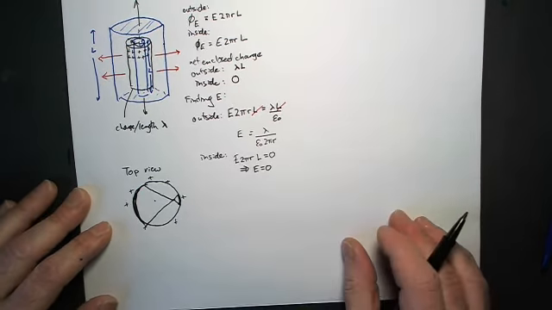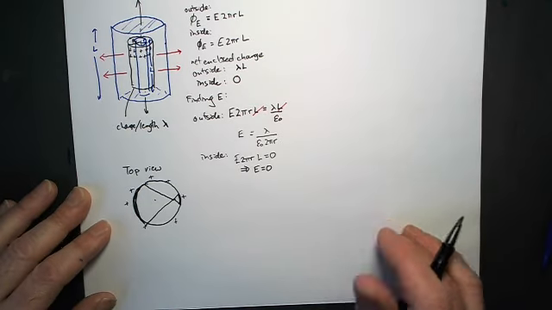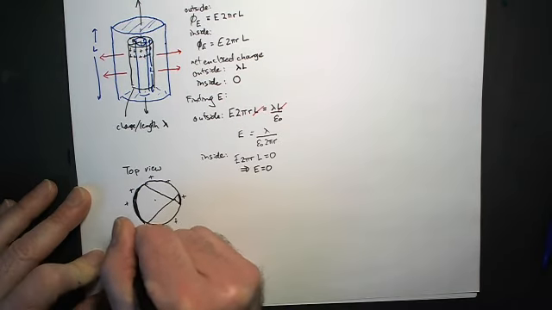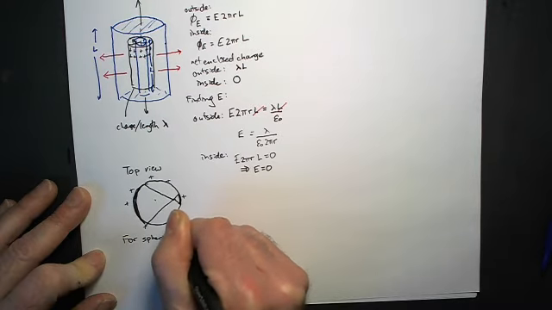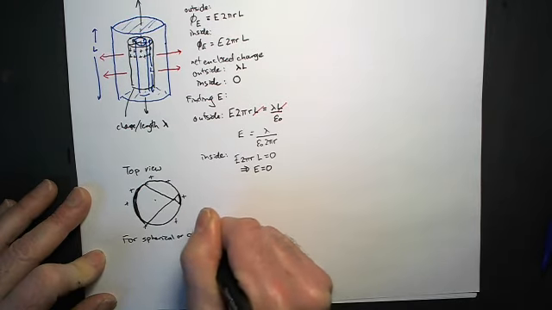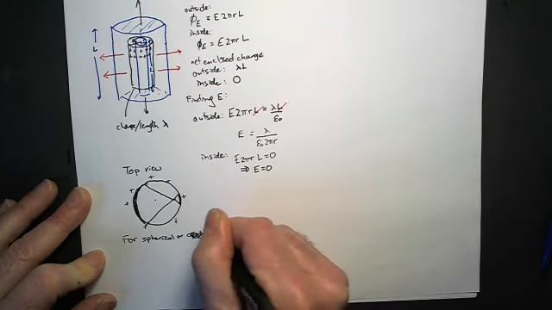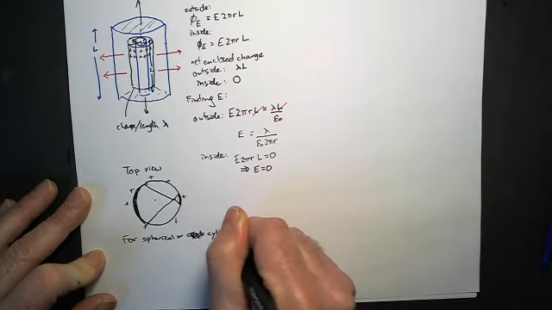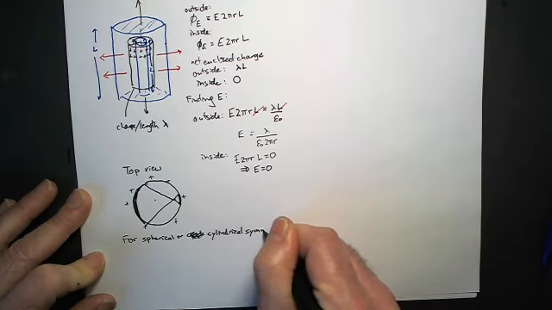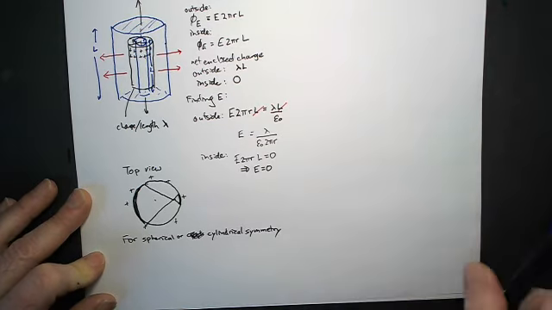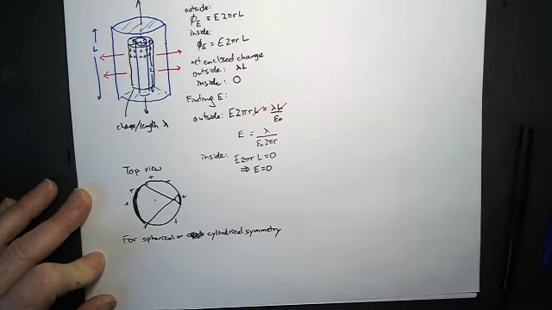So putting this all together, you get a very, very important conclusion. For spherical or cylindrical symmetry, I'm going to finish this sentence, but I need to say something a little bit more first.